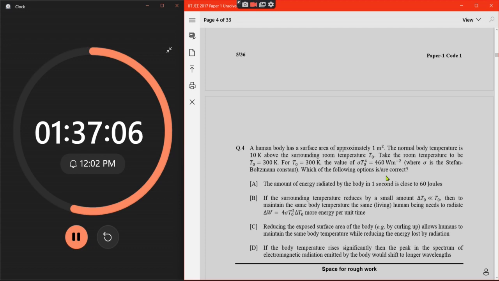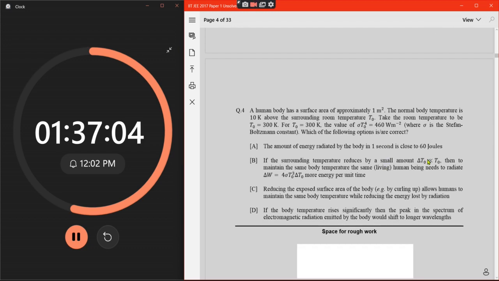If the surrounding temperature is reduced by a small fraction delta T much less than T naught, then to maintain the same body temperature, the same living human being needs to radiate this much more energy per unit time. So the energy radiated we have already found, just this thing 4A sigma T naught cube, and then wait, I'm trying to get a hang of it.